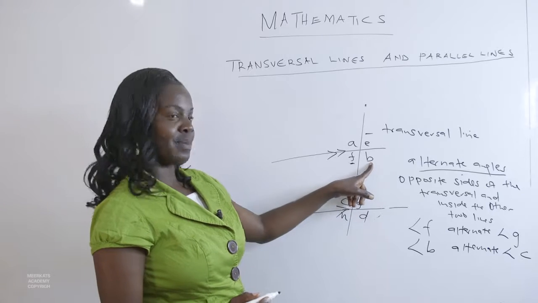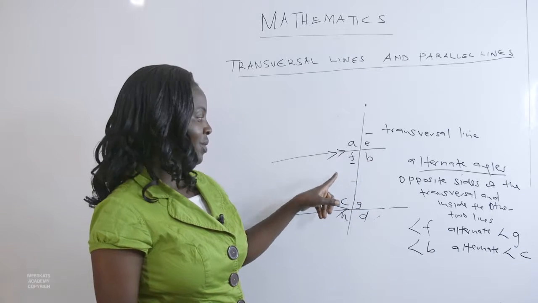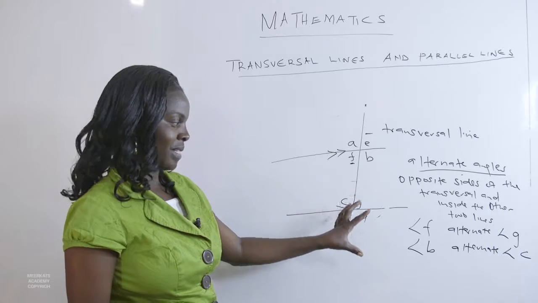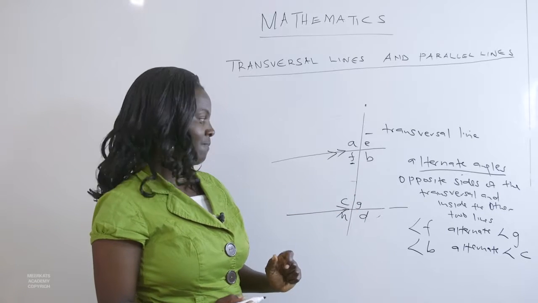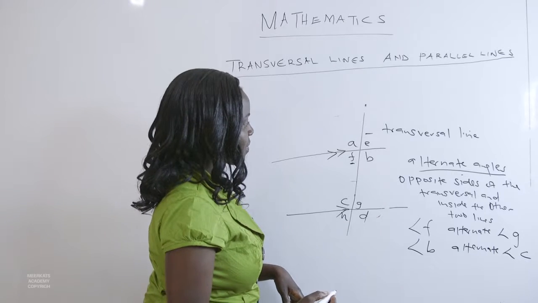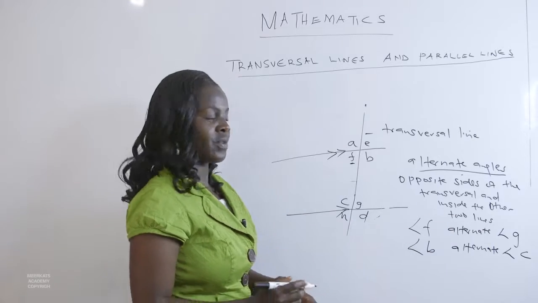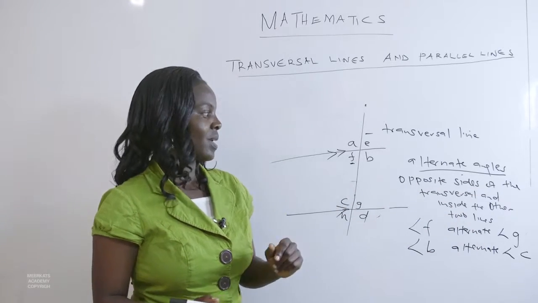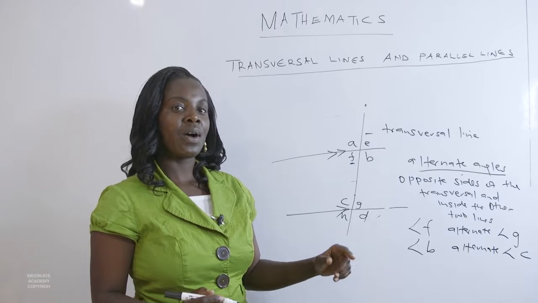So when the other one is at the bottom, the alternate angle should be at the top of the other vertically opposite angles. These are examples of alternate angles. They are on the opposite sides of the transversal and inside the other two lines.